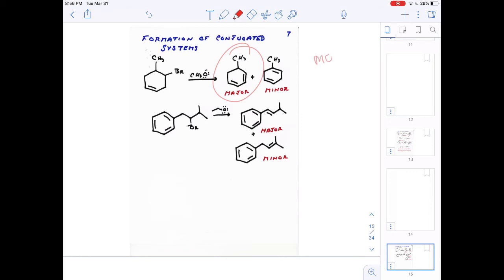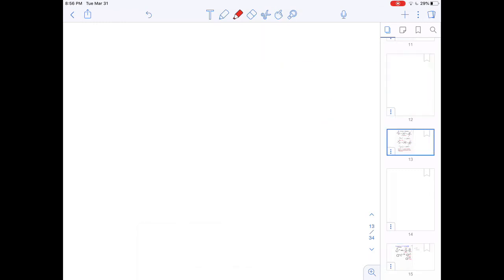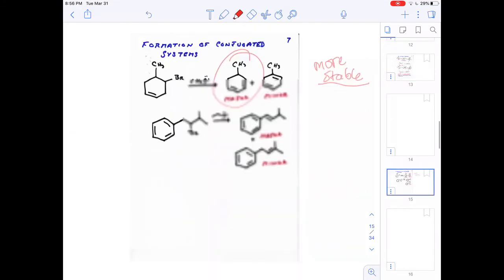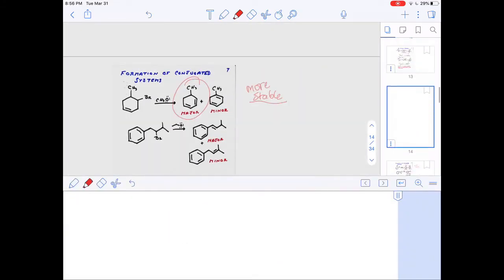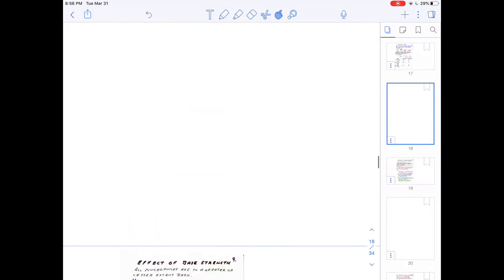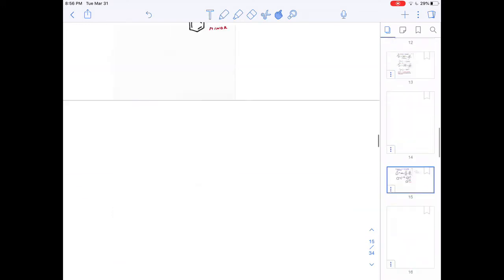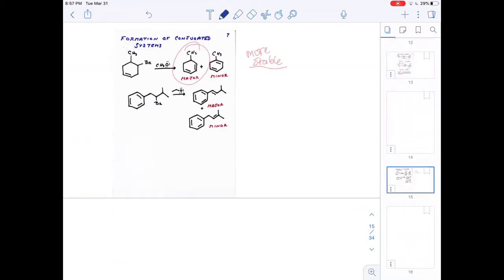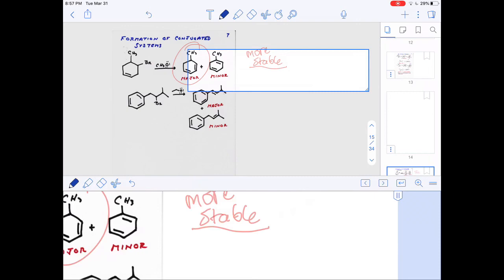More stable basically means, all right, let me write this neatly. I apologize. Where am I? What slide am I on? Okay.